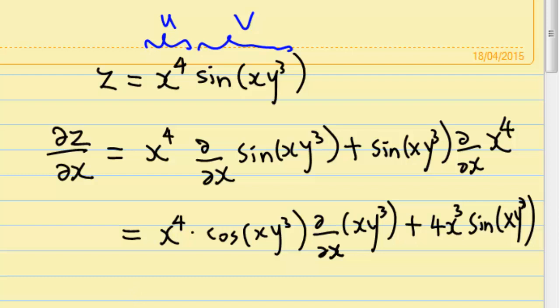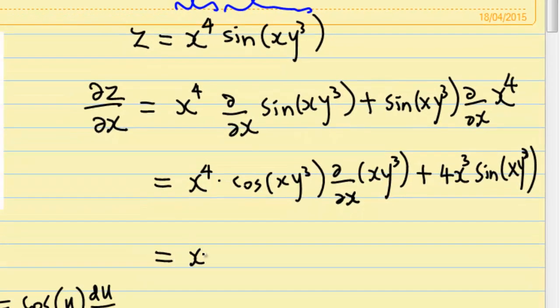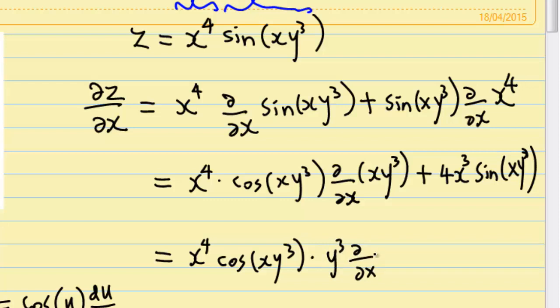Now, differentiate xy cubed with respect to x, you treat y constant, so you have x power 4 cosine xy cubed times, pull out the y cubed and differentiate x with respect to x, since y cubed is a constant, plus 4x cubed sine of xy cubed.